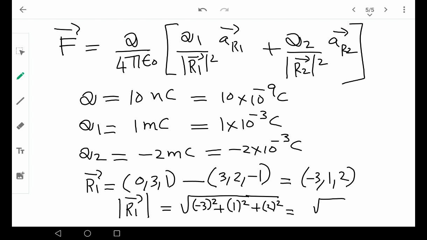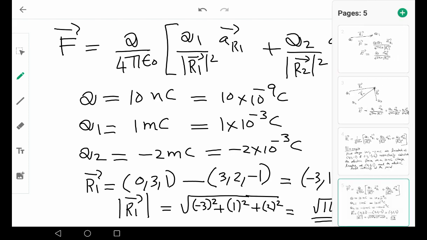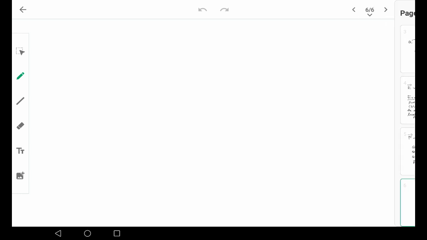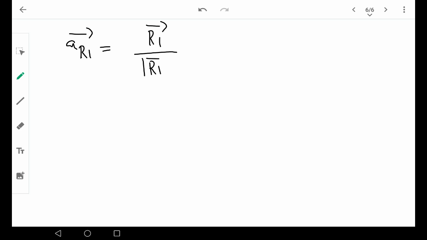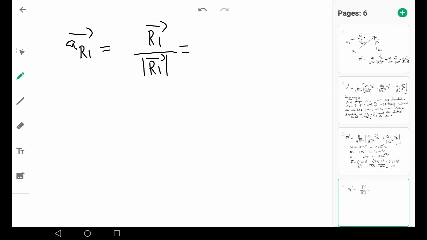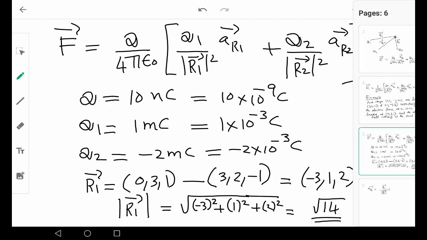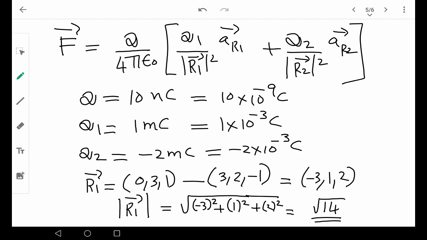That is square root of 14, isn't it? So what is aR1? That is R1 divided by magnitude of R1, so it is (−3, 1, 2) divided by square root of 14.